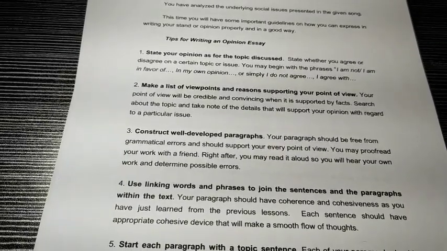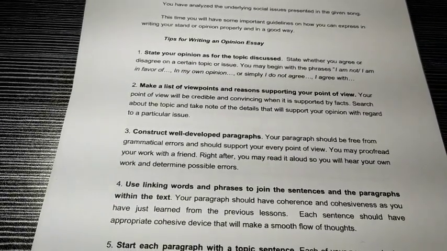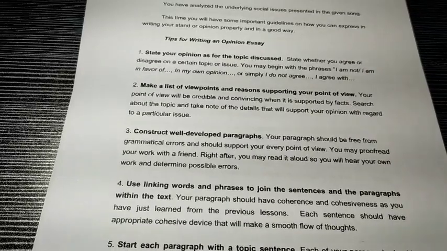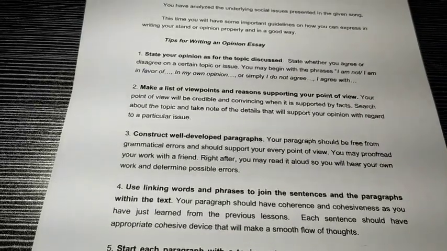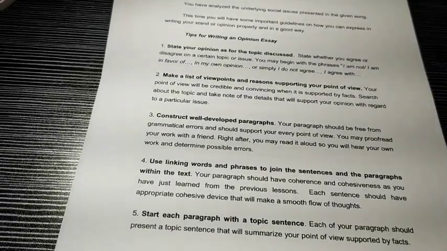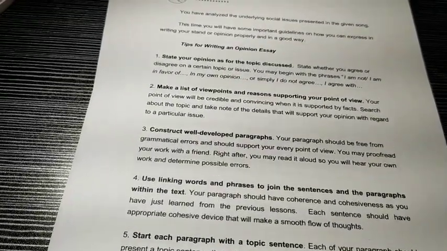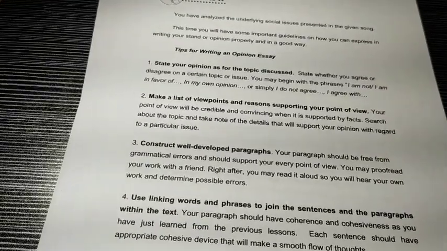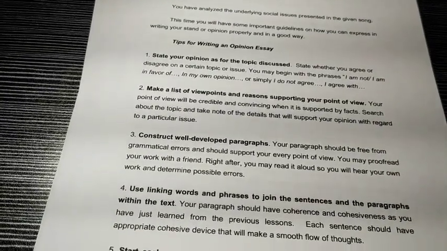Number 2, make a list of viewpoints and reasons supporting your point of view. Your point of view will be credible and convincing when it is supported by facts. Search about the topic and take note of the details that will support your opinion with regard to a particular issue.